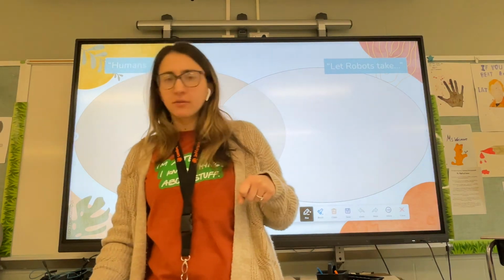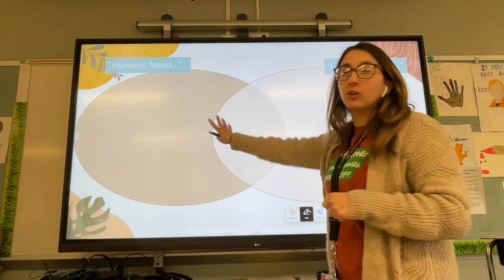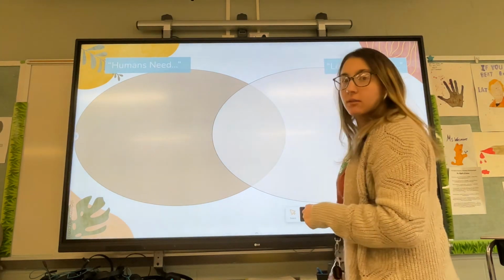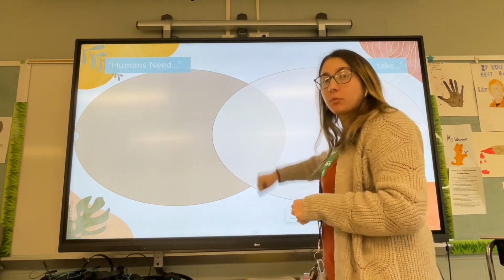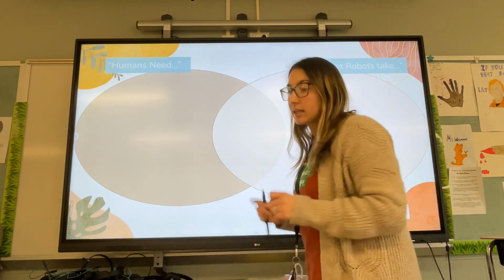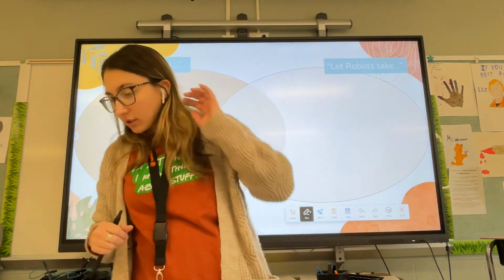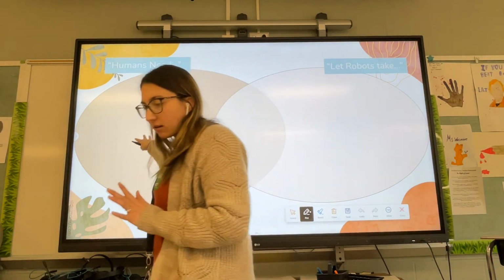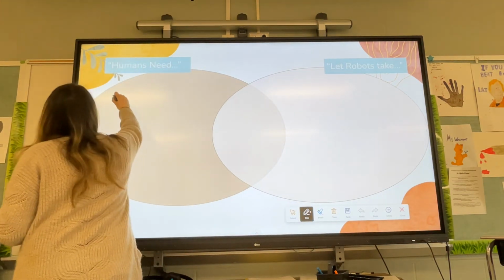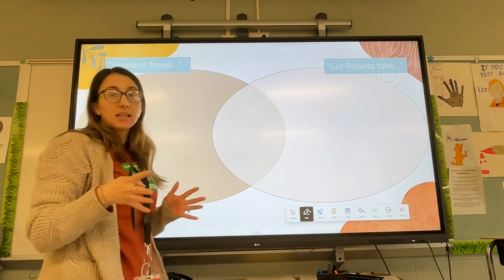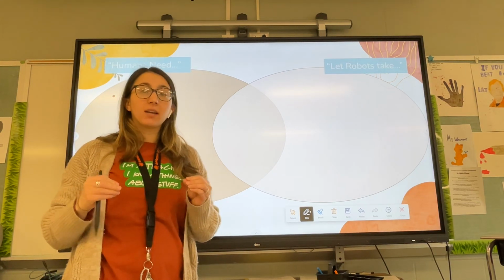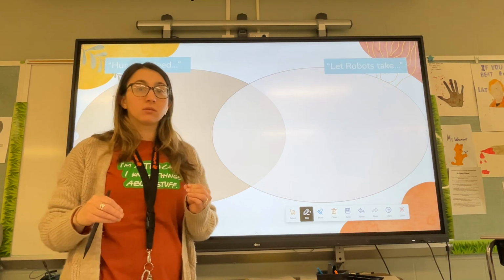So let's start off. We have the "Humans Need" article over here, "Let Robots Take" to the stars, and the middle will be things that they share together. When we start looking at some of the arguments being made in the "Humans Need" article, they specifically said that space travel is essential to human survival.